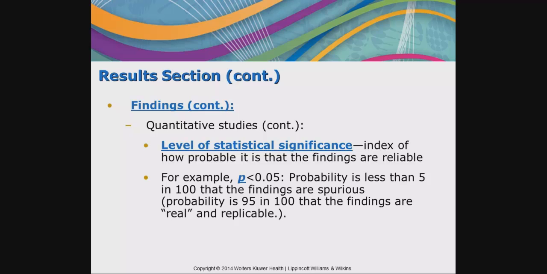So you just want to look to see that the authors have identified levels of significance and what those things they discovered that were significant. Because what you're indicating here has to do with reliability and validity. They are the bread and butter of the research recipe.